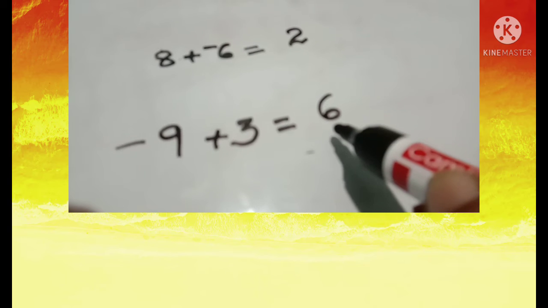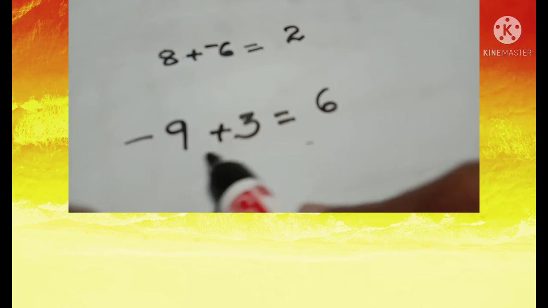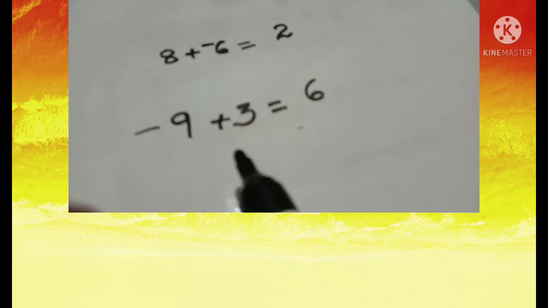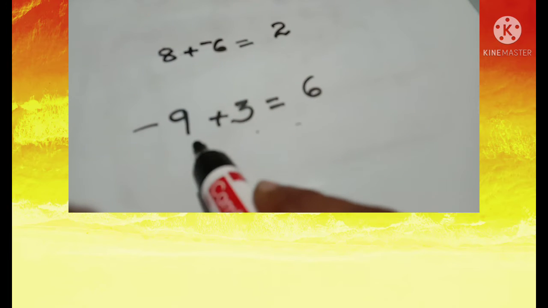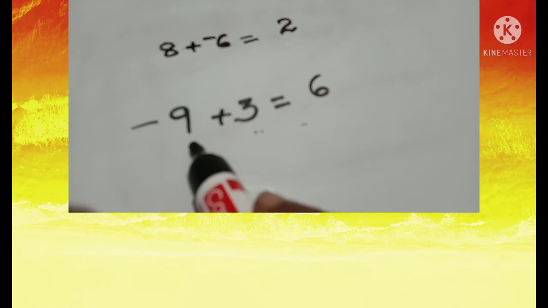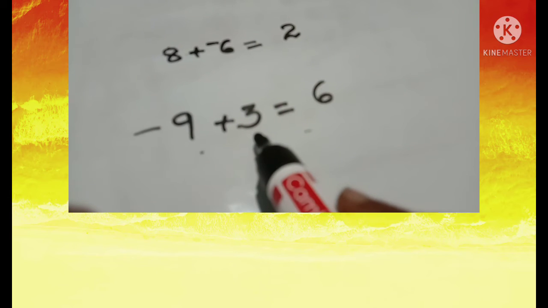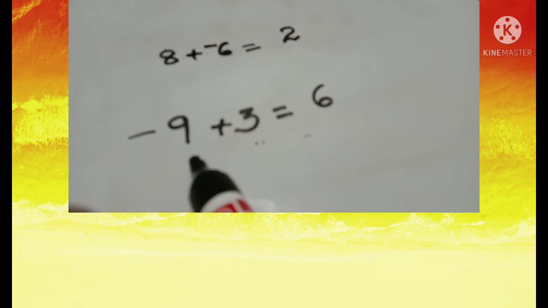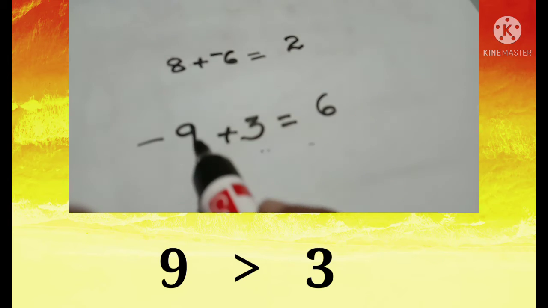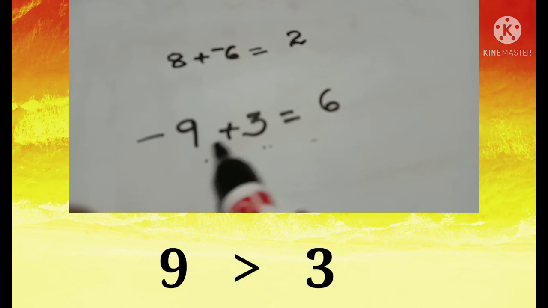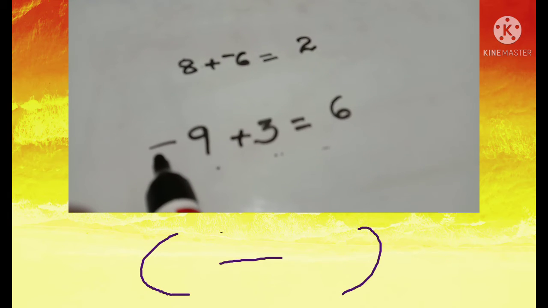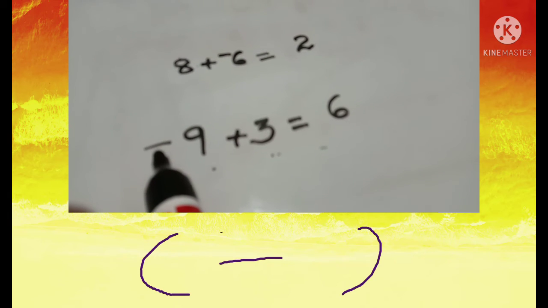Not finished. Now what you have to do? Go back to the question. Forget about these signs. See which number out of these two numbers has the greatest value? Yes, 9. 9 is greater than 3, right? Now look into the sign of 9. What is the sign? Minus.